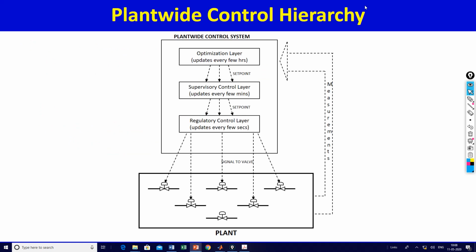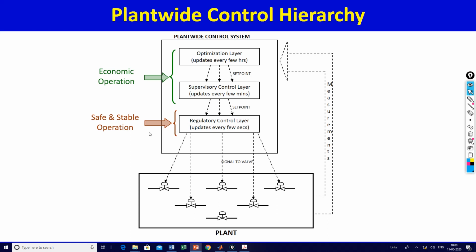So at the bottom you've got the regulatory control layer which ensures safe and stable operation, and the regulatory control layer is what is moving the control valves, your control degrees of freedom to close the material and energy balances. On top of the regulatory control layer you've got the economic layer, and the economic layer has got a supervisory control layer which is essentially an active constraint control manager, and then an optimization layer.